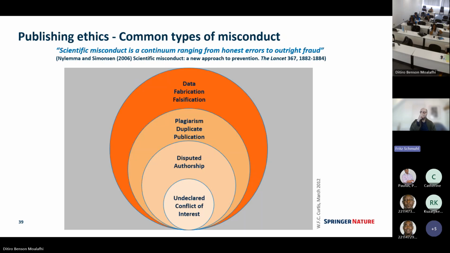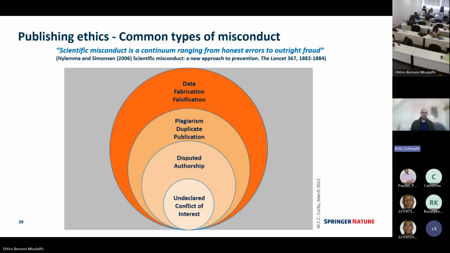And then finally, again, the biggest, most severe form of ethical misconduct, which will definitely kill your article in every journal, but very importantly, will kill a young or an established career completely in its tracks, and that is any kind of data fabrication or falsification.